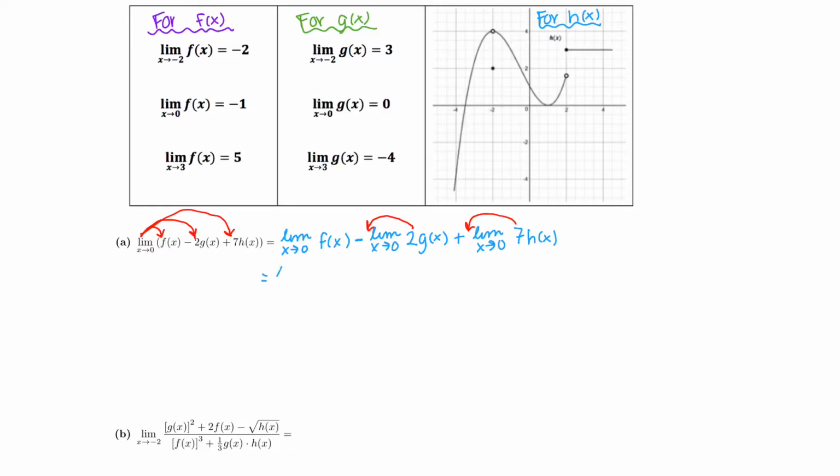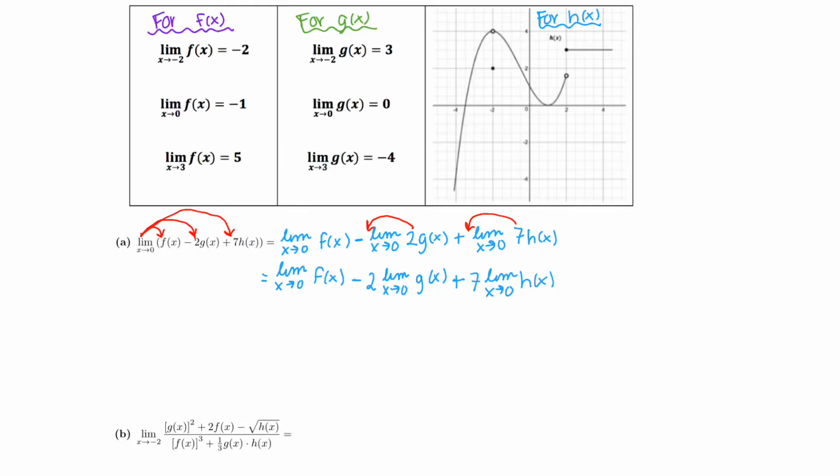So this is the limit as x approaches 0 of f of x minus 2 times the limit as x approaches 0 of g of x, plus 7 times the limit as x approaches 0 of h of x.